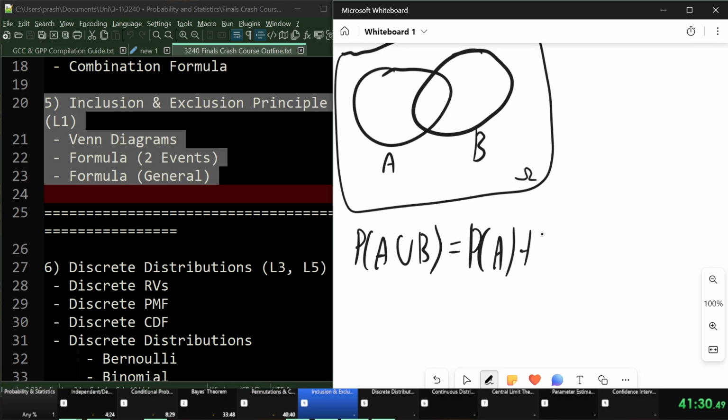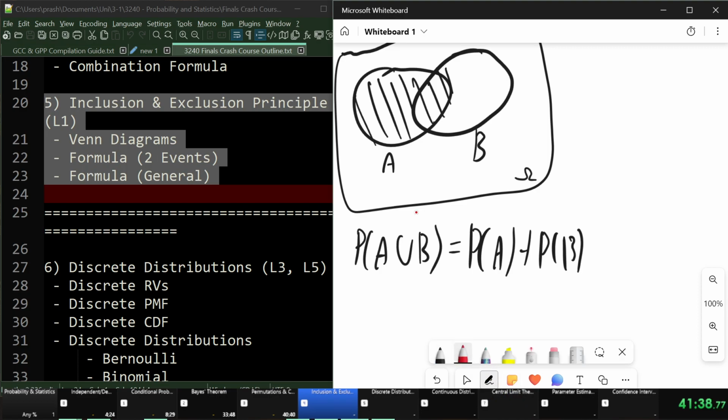And if you add them together, you get probability of A, and then the probability of B. But as you can see, this red-black region has been counted twice. So we have to remove that excess in order for our answer to be correct.